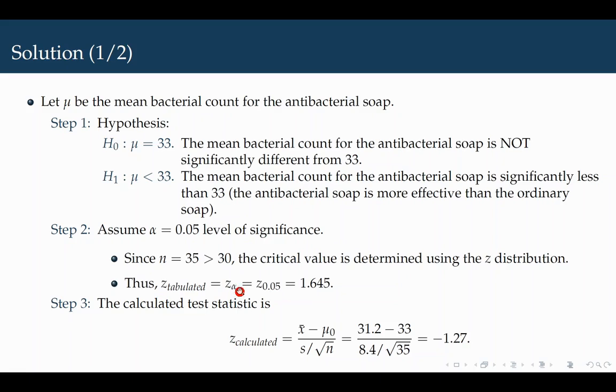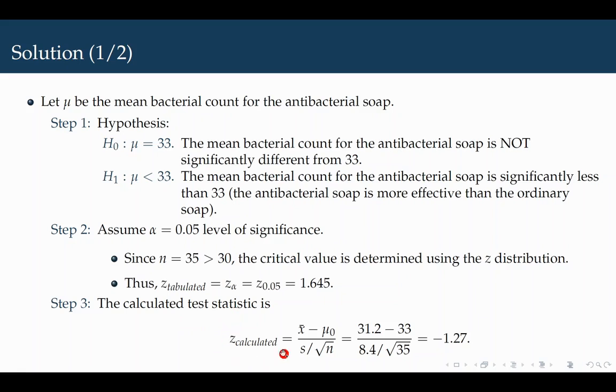Now we make it Z alpha instead of Z alpha over 2, because here we have a one-sided alternative hypothesis. So this is Z alpha. So this becomes Z 0.05, and the value 1.645 can be easily obtained from a standard normal distribution table. And next we have to obtain the calculated value of the test statistic.